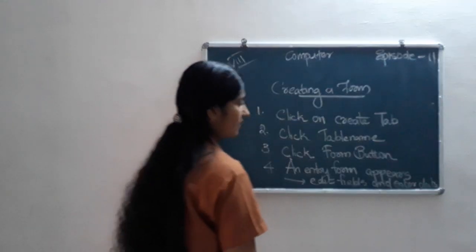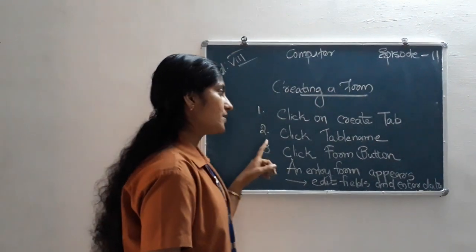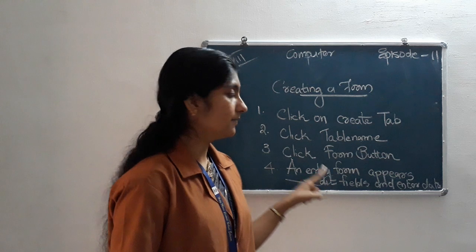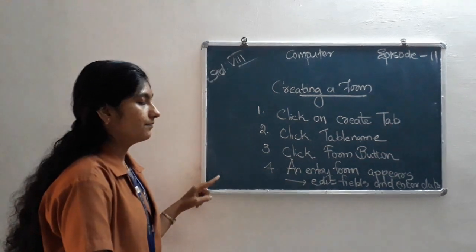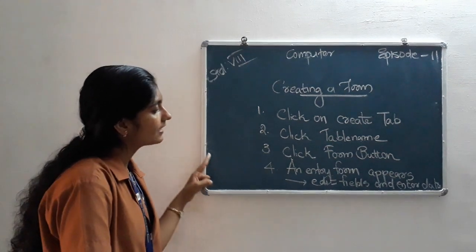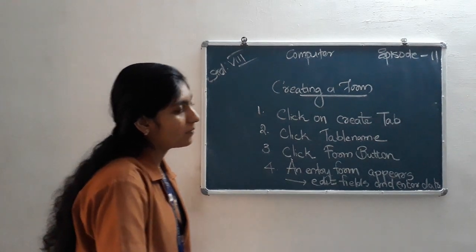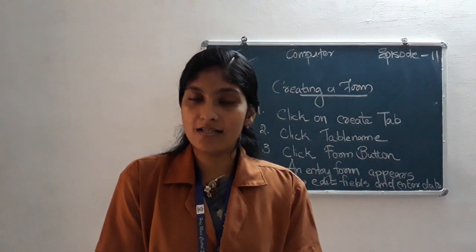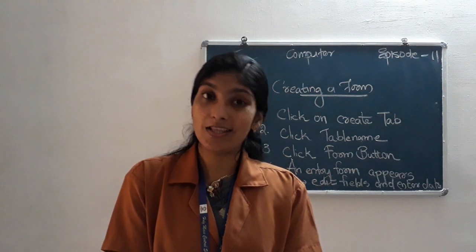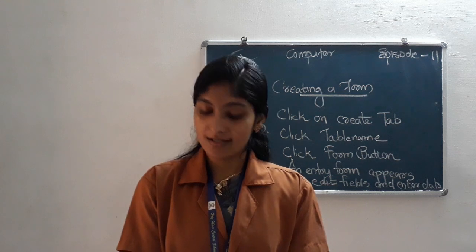Okay. Listen. What are the steps? Click on the create tab. Click the table name. Click the form button. Then fourth option. After clicking the form button, an entry form appears and you click the field name to edit it with another name and also enter the data.